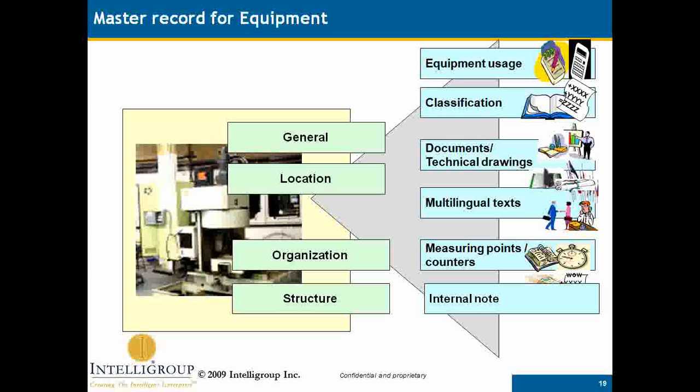And measuring points and counters are also a kind of master data. For a particular equipment we want to capture running hours, or for a vehicle, how many kilometers it has done. That information is captured through these measuring points, and we define the measuring point for that equipment.